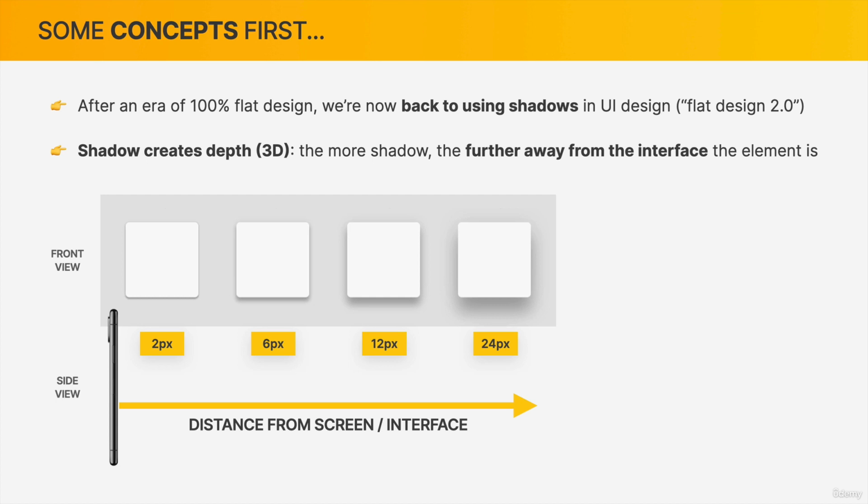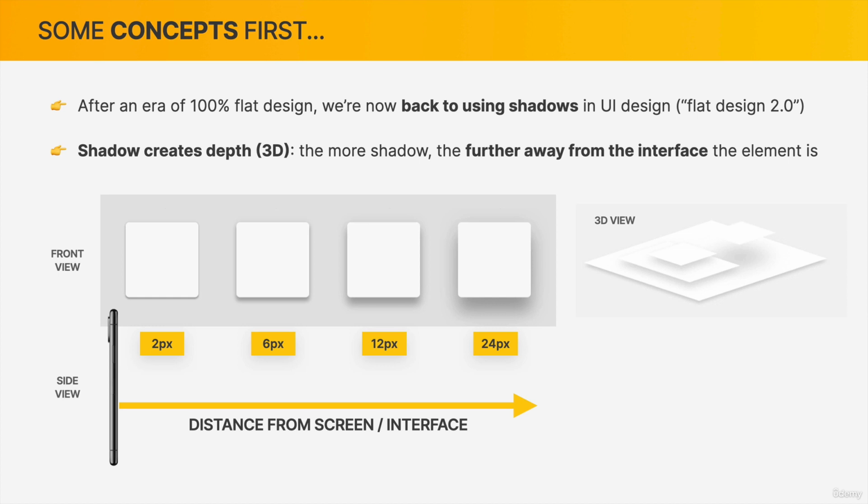Now, on the other hand, if the element is far away from the interface, like let's say 24 pixels, then the element will of course be able to cast a huge shadow on the interface. And so that's the reason why we see that here on the other end of the spectrum. We can also see that in this other diagram, where all these different shadows are represented in a kind of 3-dimensional space.